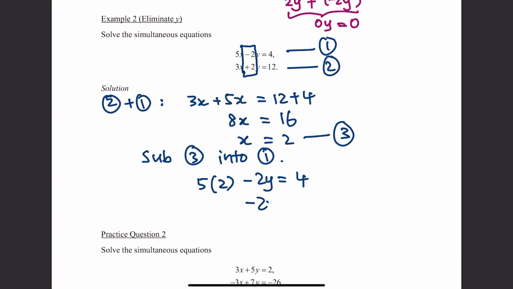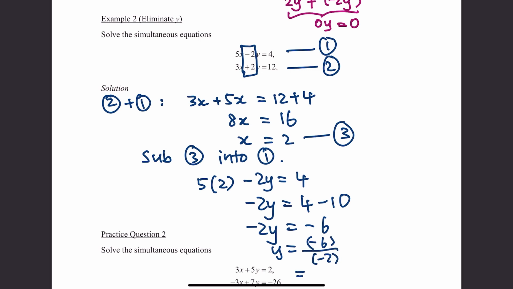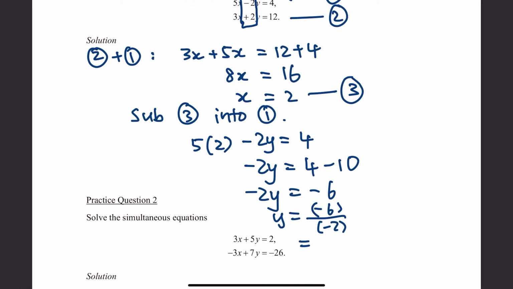So I have negative 2y equals 4 minus 10, which means negative 2y equals negative 6, and then y equals negative 6 divided by negative 2, which means it is just 3. Alright, so therefore x equals 2, y equals 3.